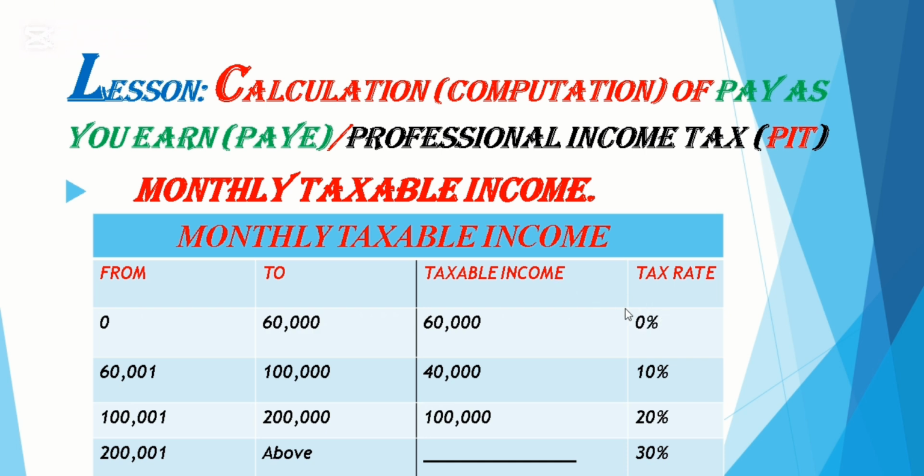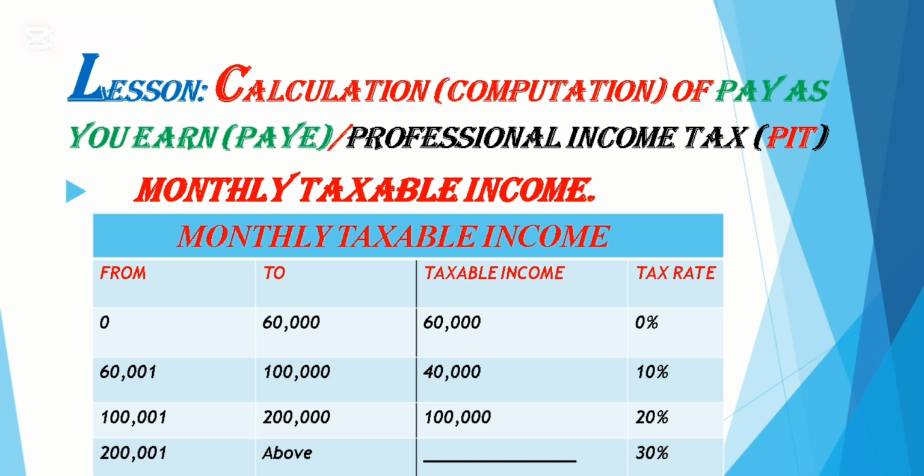That is to say, taxable income is 60,000 and will be paying tax at 0%. Take care. This 60,000 is tax exempted, is exempted from paying tax. In other words, someone who earns even 60,000 in Rwanda will not be supposed to pay tax. Will pay tax that is equivalent to 0. Take care.